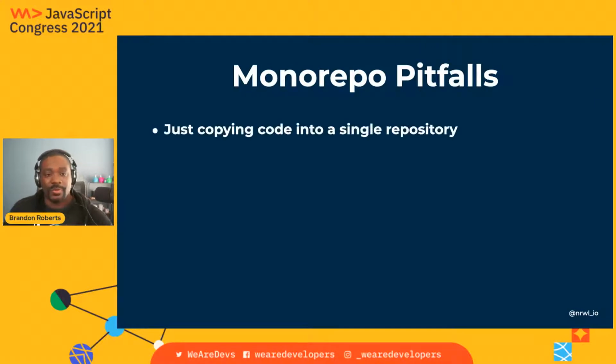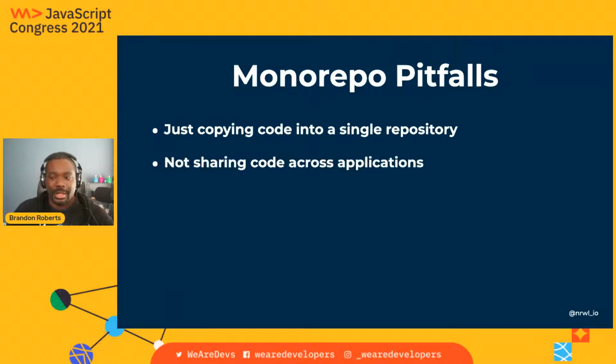So there could be some pitfalls here. The biggest trap, I think, for using a monorepo is just copying all your code into one place and saying that is the way to go, and also not sharing code across applications. You have a single repository.